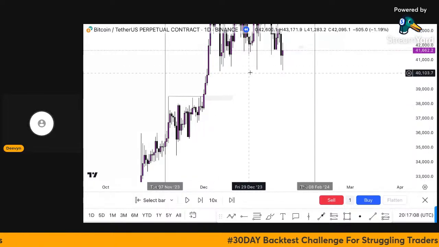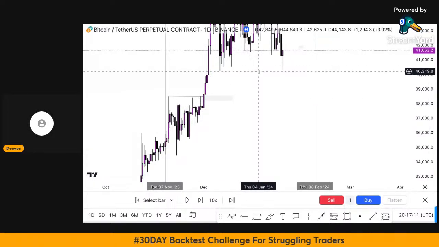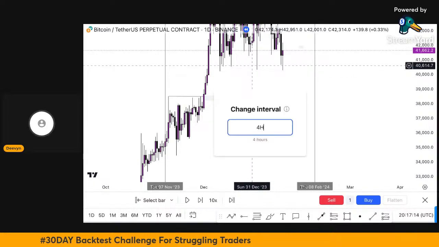The engulfing candle was what broke above structure. Taking note of that. Now back to the 4 hour time frame.